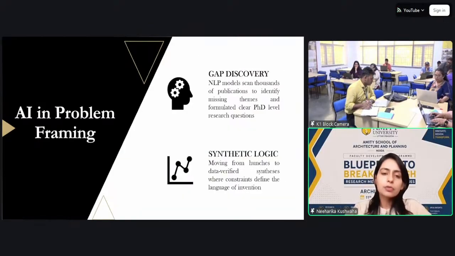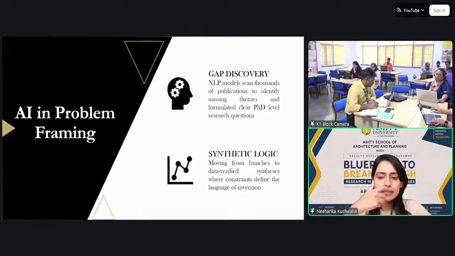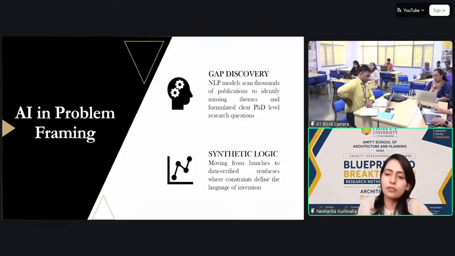And AI contributes to the problem framing in two major ways. The first one being gap discovery. The NLP models, the natural language processing models, scan thousands of publications to identify the missing themes, and they can help you formulate clear PhD level research questions. The second one is synthetic logic. When I say synthetic logic, it means that researchers can connect fragmented information into a very structured framework.